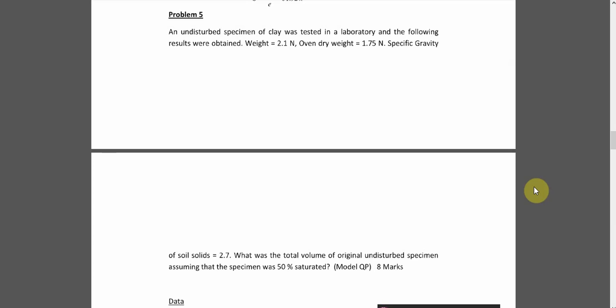So a specimen of clay is tested in the laboratory. Its weight is taken. It is 2.1 Newton, and then the clay is kept in the oven. It is dried for 24 hours. Then the specimen is taken out and weighed again.